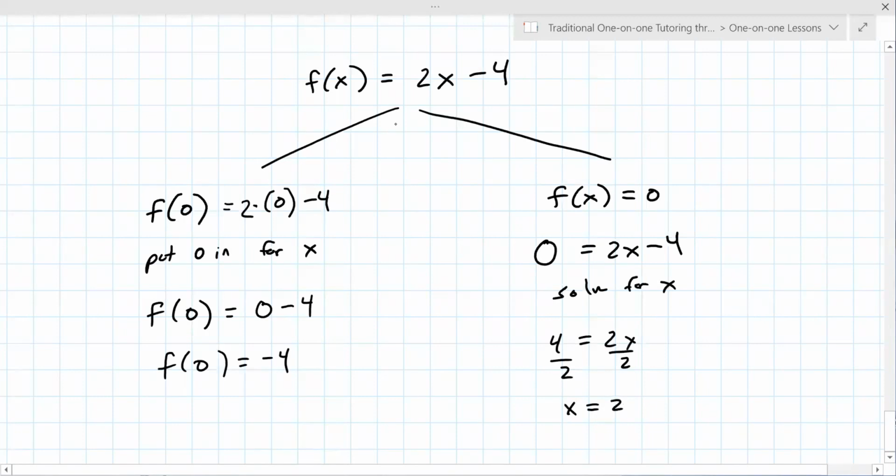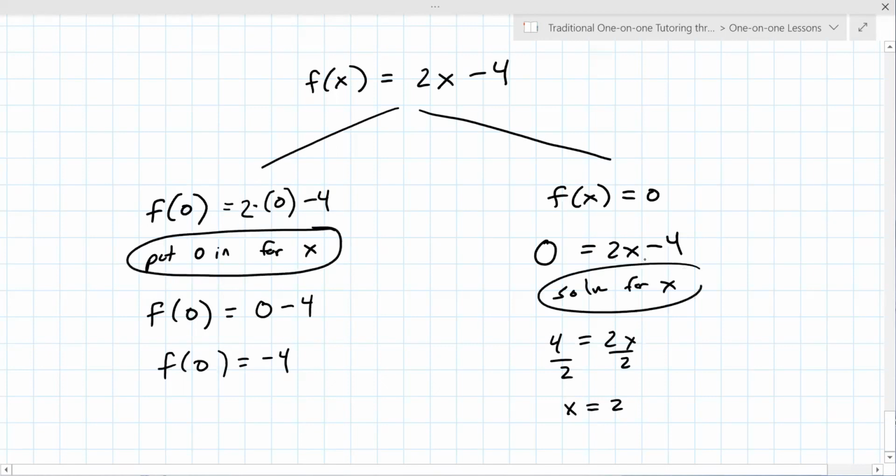And when we went down this way, the left side... Let me write that down.